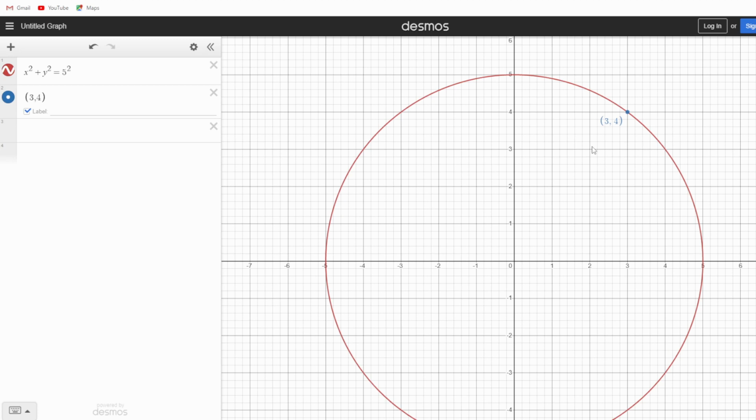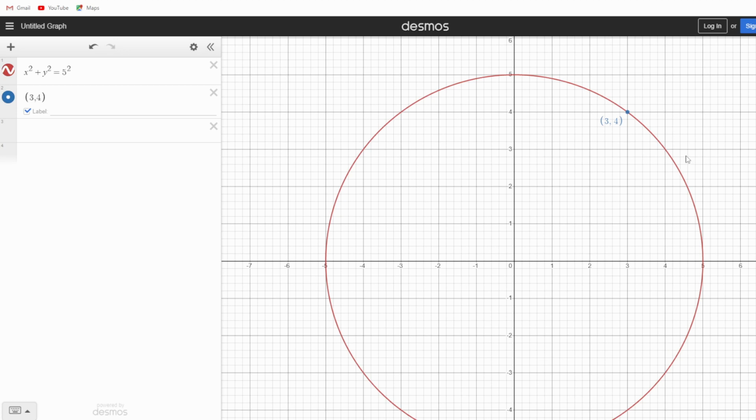So we know that the gradient of this line here must be 4 divided by 3. And if we wanted to know the gradient of this tangent, then we could do the negative reciprocal. So that would be minus 3 over 4.